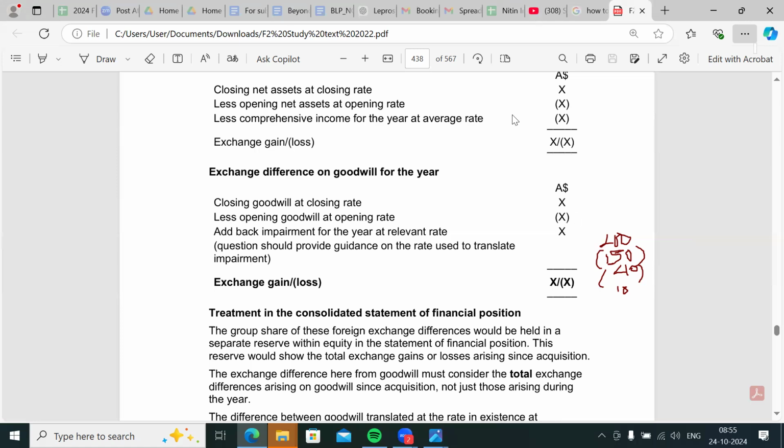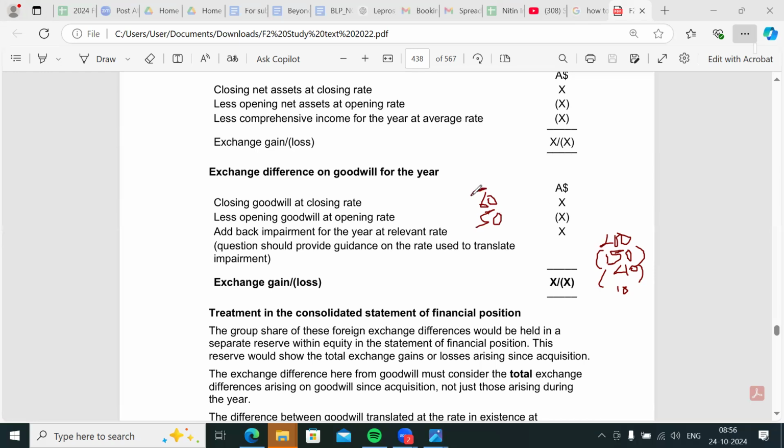So closing goodwill and opening goodwill should be the same actually, should not be different, except if there's an impairment. Closing goodwill. And there was an impairment of 5, okay? Current year. Opening goodwill was 50. And the closing goodwill, should it be that way or the other way around?